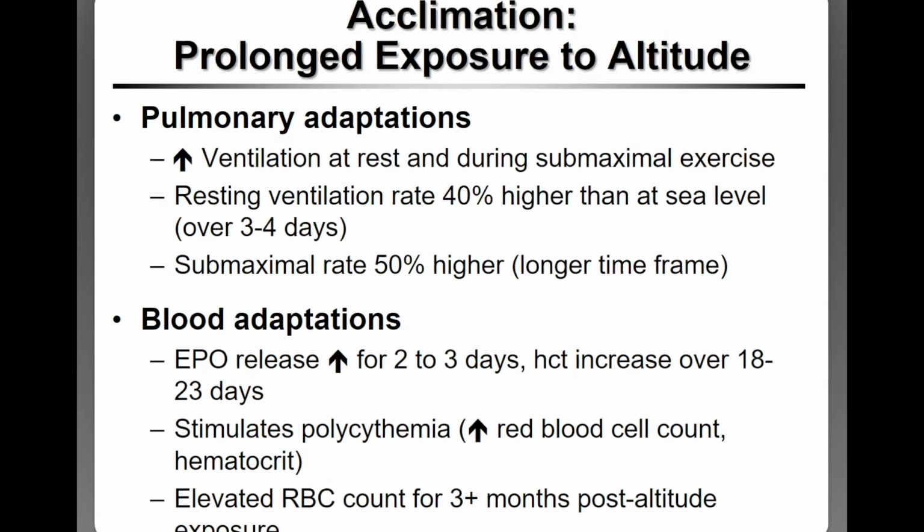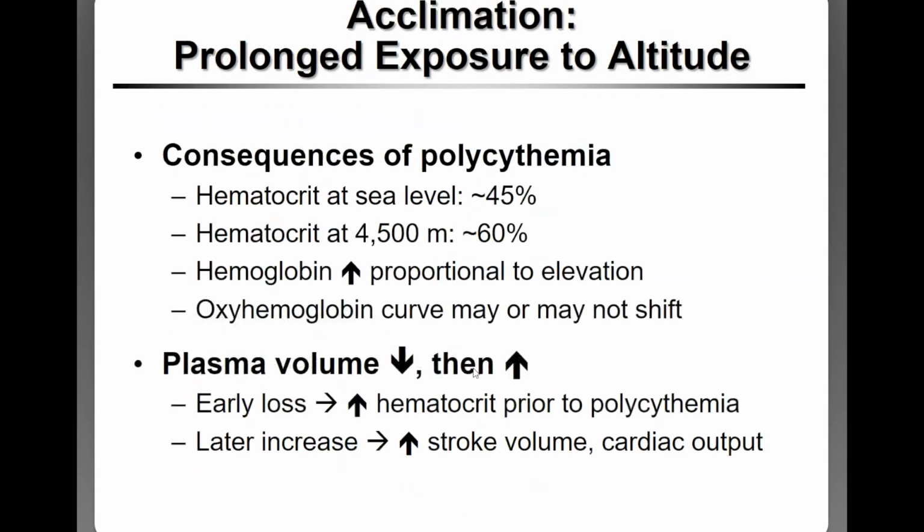And this is because the half-life of the red blood cell is about 28 days. So the increase in erythropoietin stimulates polycythemia, which is the increase in red blood cell count. And your red blood cell count will remain elevated for 3 months post-altitude exposure, even after return to sea level.